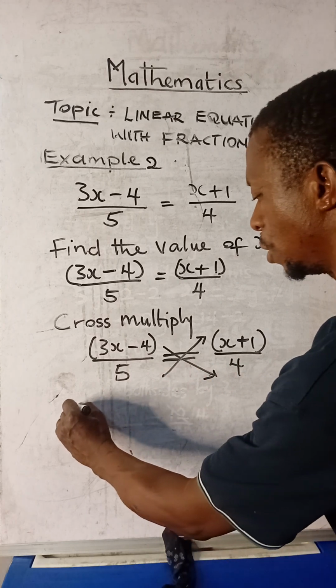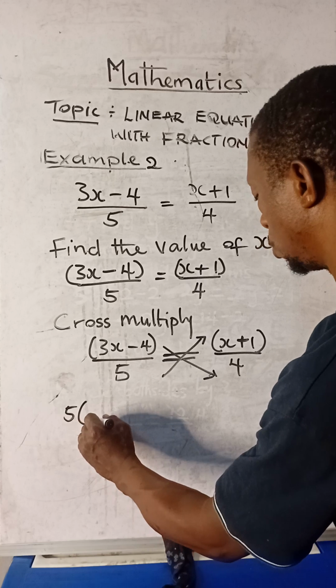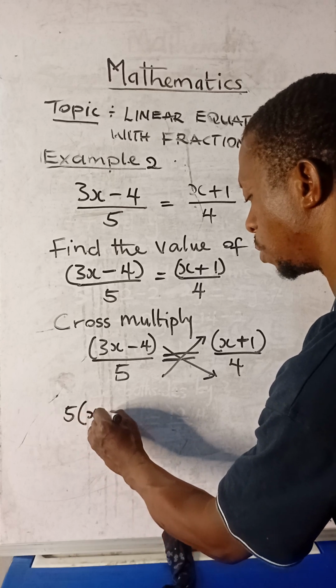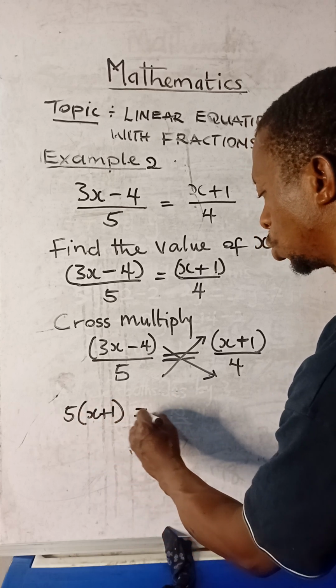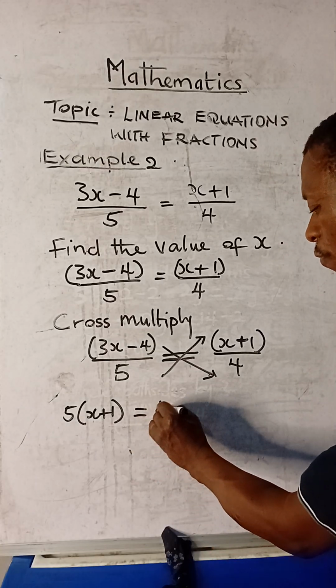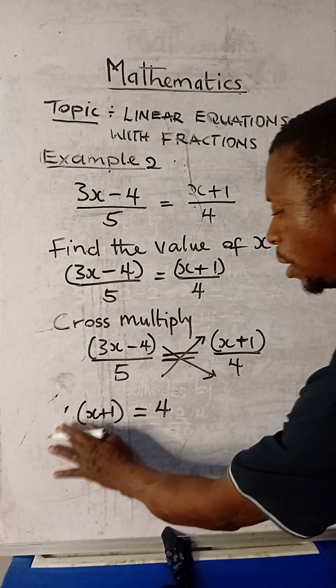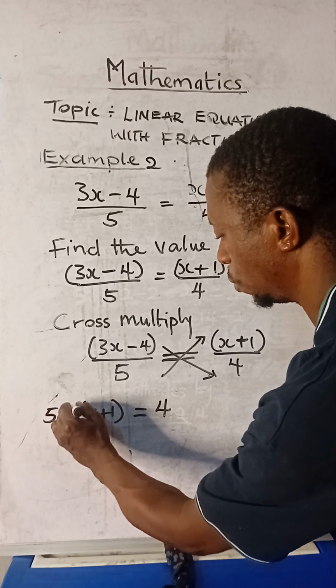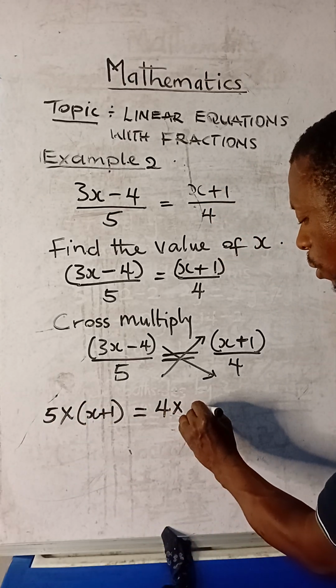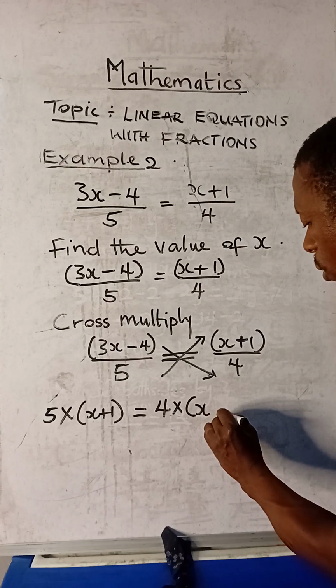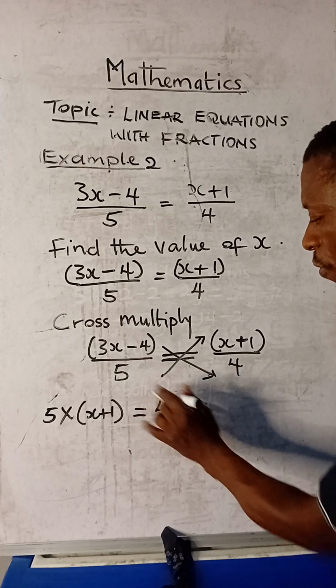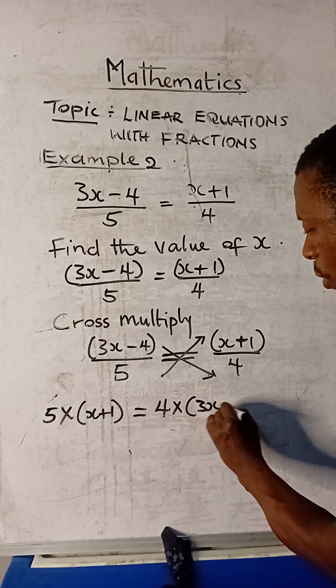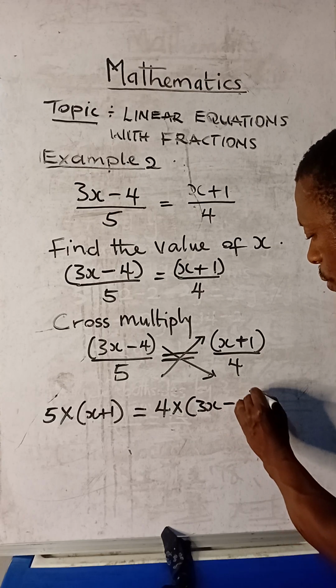That will give us 5 times x plus 1 equals 4. Okay, let's put the times so that we don't get confused. 4 times 3x minus 4.